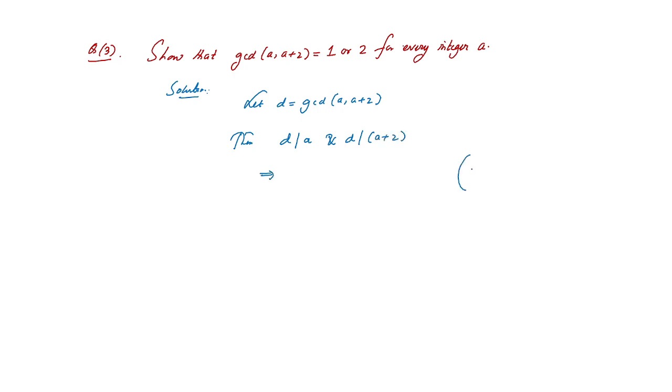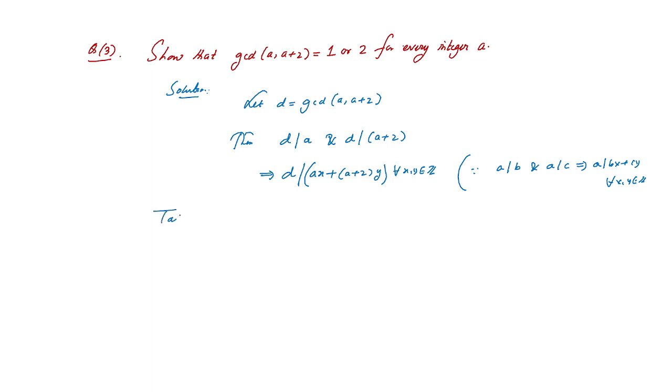We know the fact that if a divides b and a divides c, then a divides bx plus cy for all x, y belonging to Z. That means we can write D divides ax plus (a plus 2)y for all x, y belonging to Z. And this relation holds for all integers x, y.